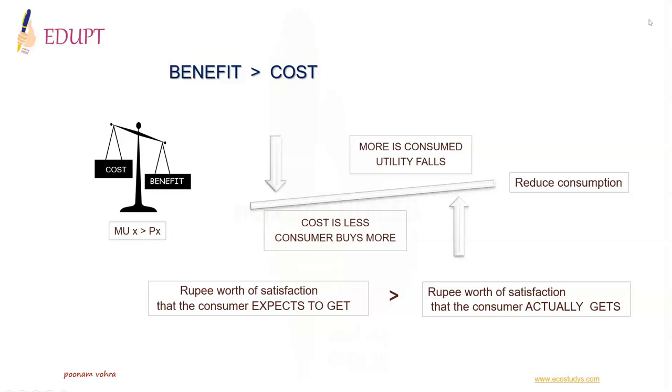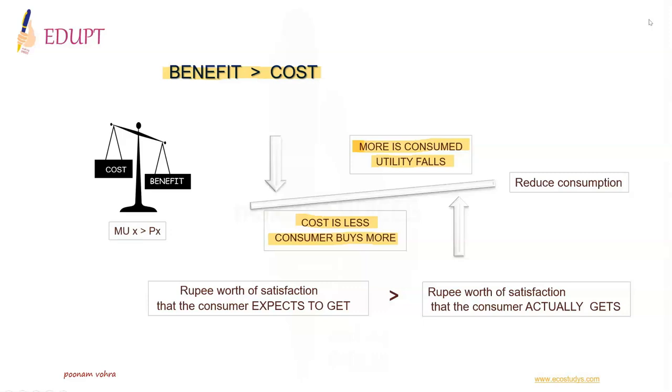But this situation may not be there always. There could be disequilibrium, that is a possibility when benefit that the consumer receives is more than the cost that he has to pay. In such a situation, the consumer will consume more of a commodity. As he consumes more, utility that he gets will decline. Alternatively, the cost that he has to pay for the commodity is less. So the consumer buys more.